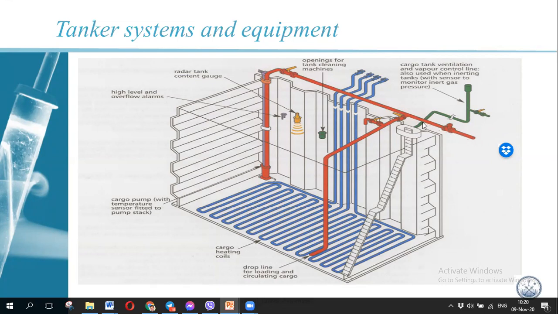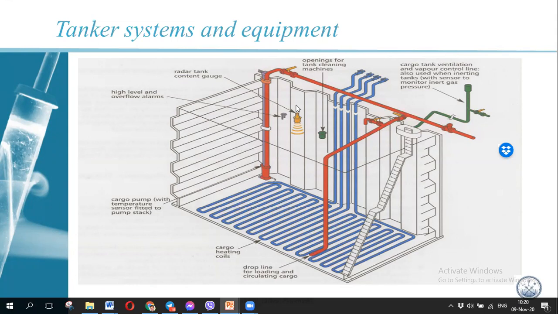The cargo is going through the manifold. Open this valve, and the cargo goes this way into the drop line. This is the drop line. This valve must be closed during cargo loading. So the cargo will go from the manifold inside the drop line, and the cargo is going to fill up this tank completely.